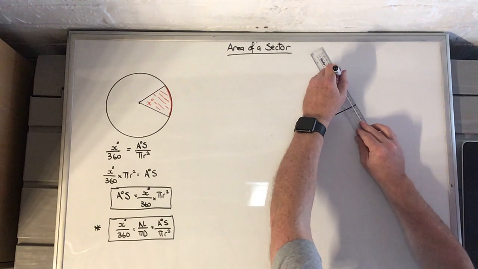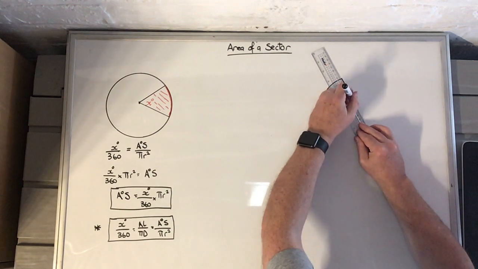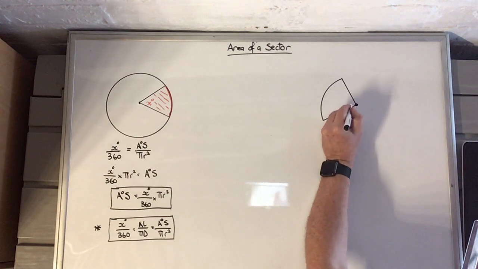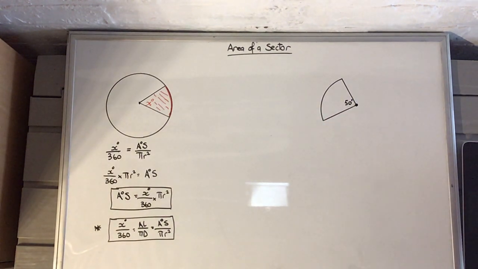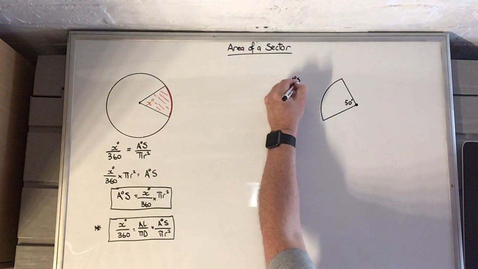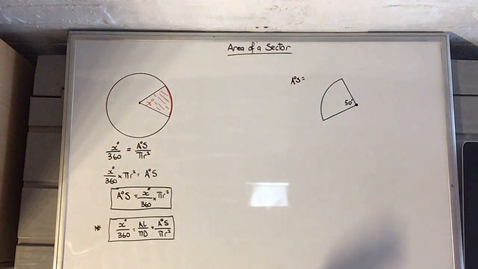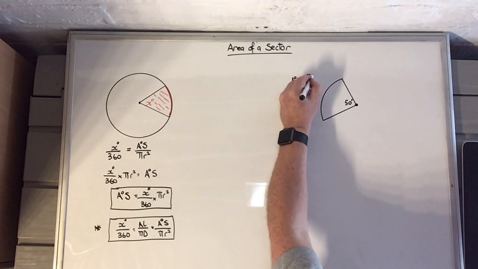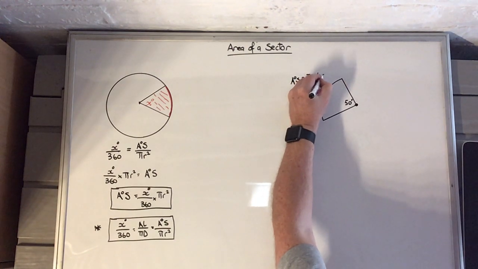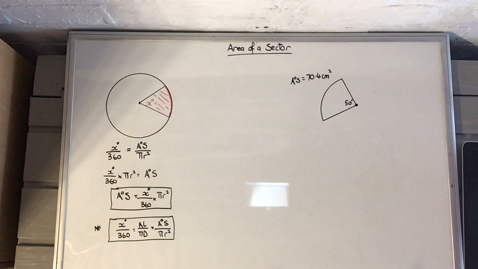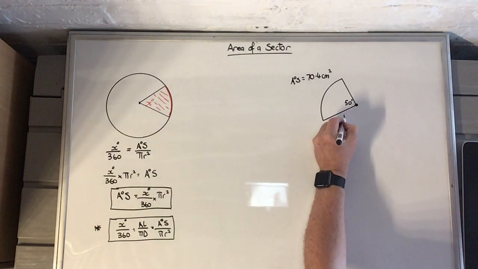Circle. Let's call that, I don't know, 50 degrees. And the area of a sector, we'll just put over here, area of a sector equals, I don't know, we'll make it 70.4 or something centimetres squared. So this time we have to work out the radius r.